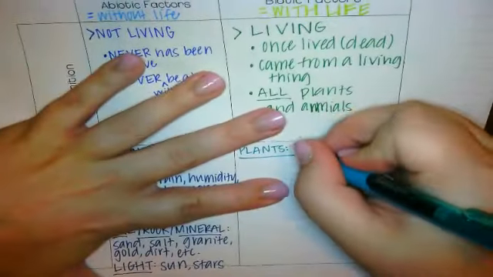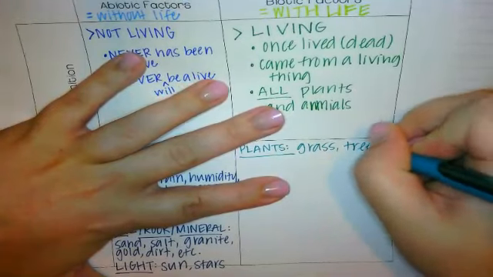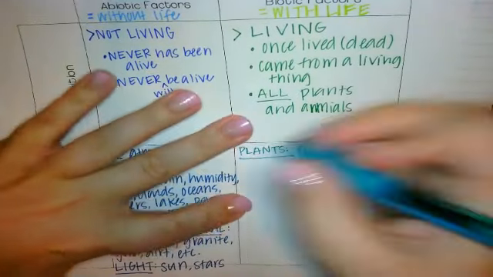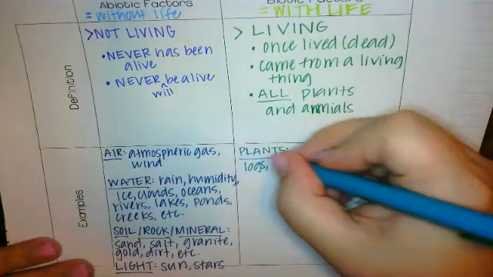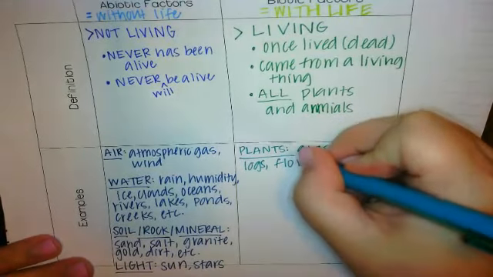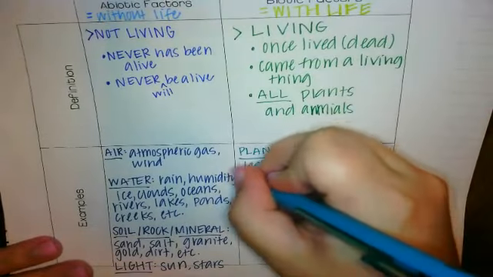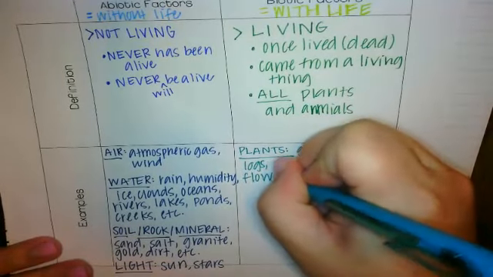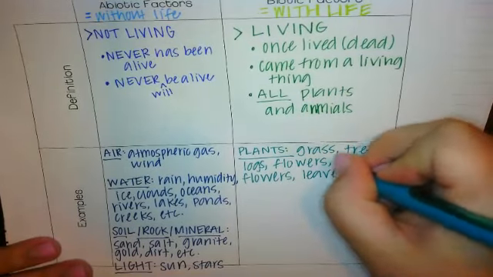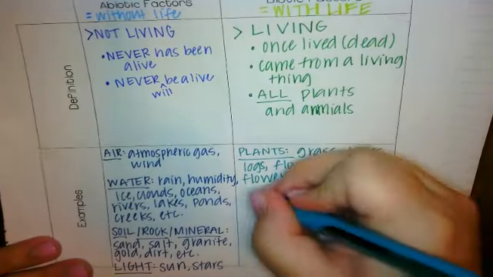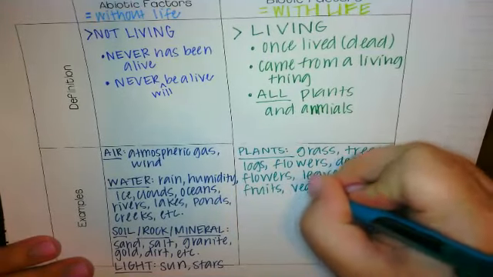So we're going to start with grass, trees, logs, which obviously come from trees, flowers, dead flowers, leaves, and even fruits and vegetables.